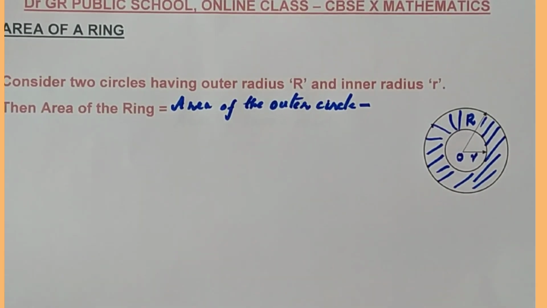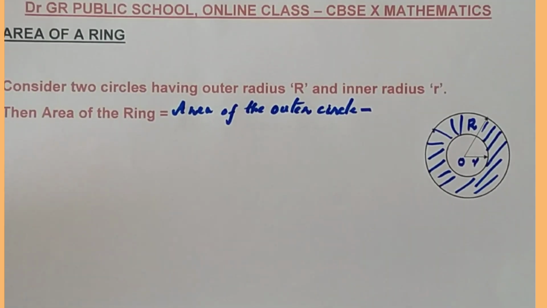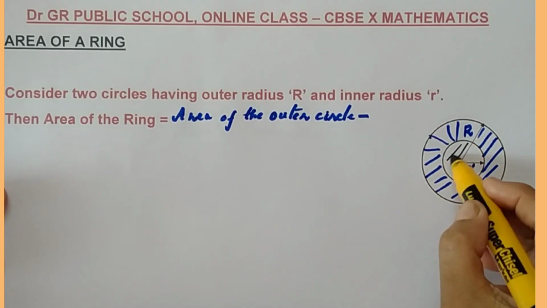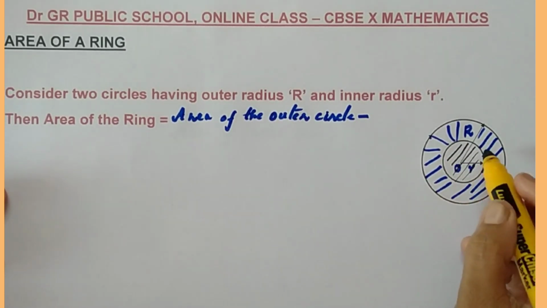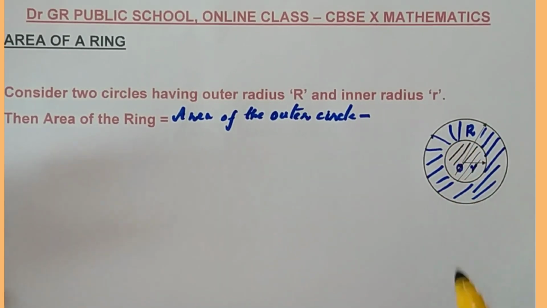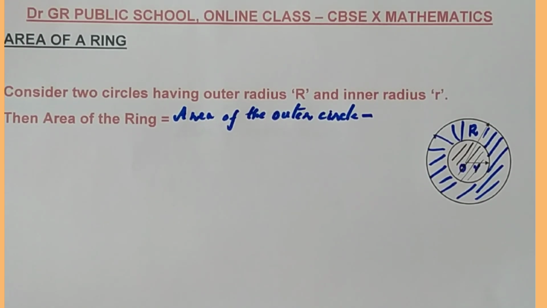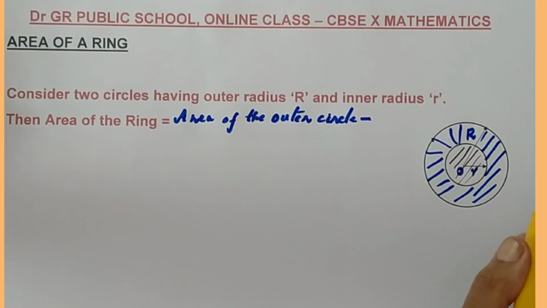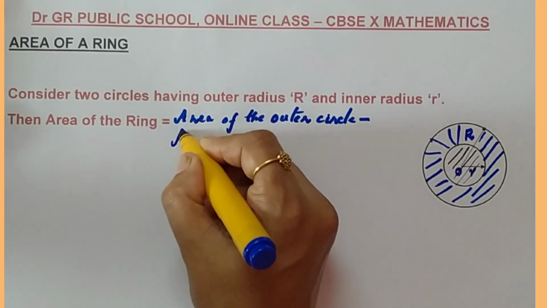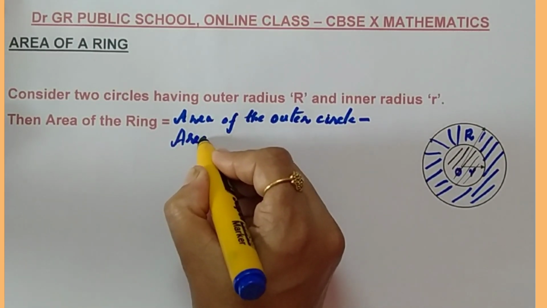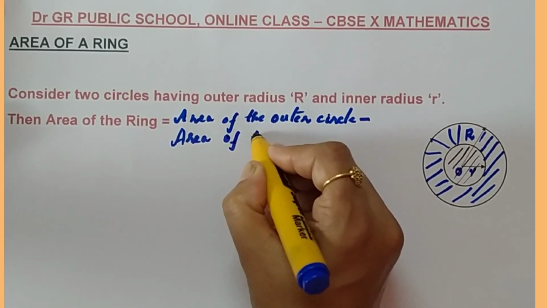I am going to mark the inner circle area here. If I subtract the inner circle area, this much area, what will we get? You will get the area of this ring. So, area of the ring will always be area of the outer circle minus area of the inner circle.